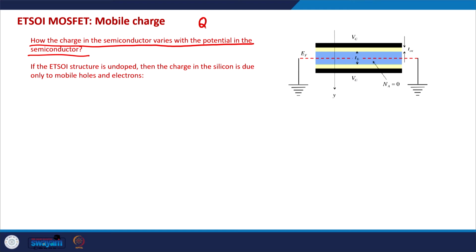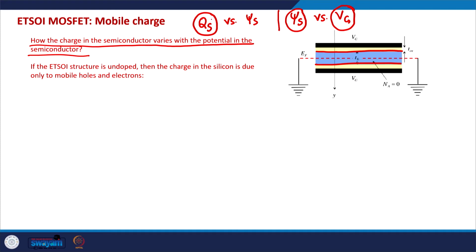What it means is we will try to understand QS versus psi S, and finally we will try to understand psi S versus VG. VG is the external voltage that we apply on the MOSFET, psi S is the voltage that appears at the surface of the semiconductor, at the interface of the semiconductor and oxide, and QS is the charge in the semiconductor.